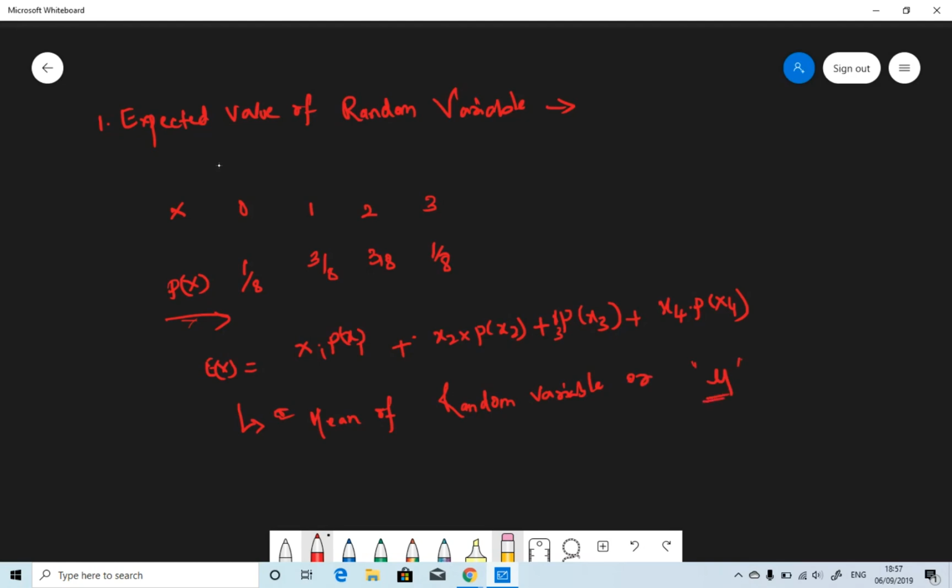So the expected value, let us take an example. This is the expected value, right? Now let us have a sample space. My x is the sample space of throwing a dice one time, right?